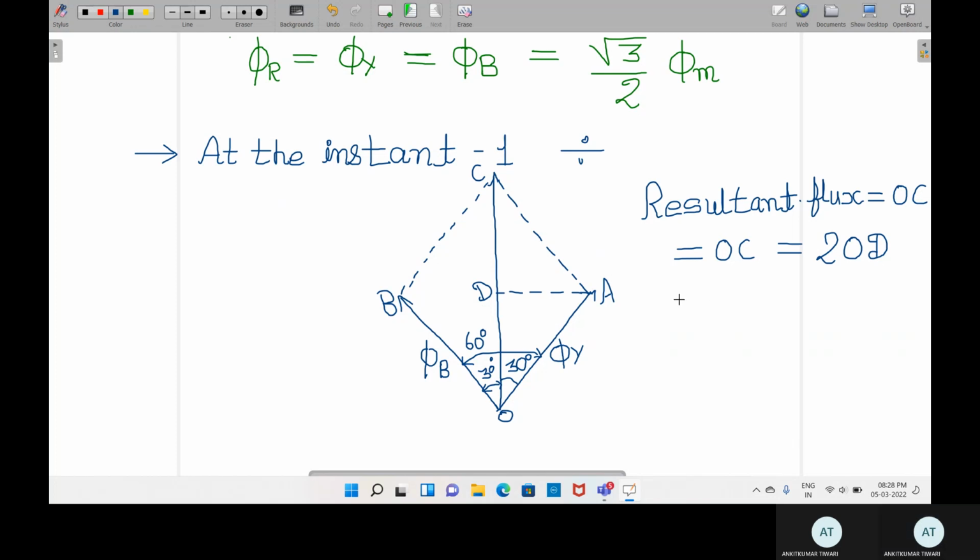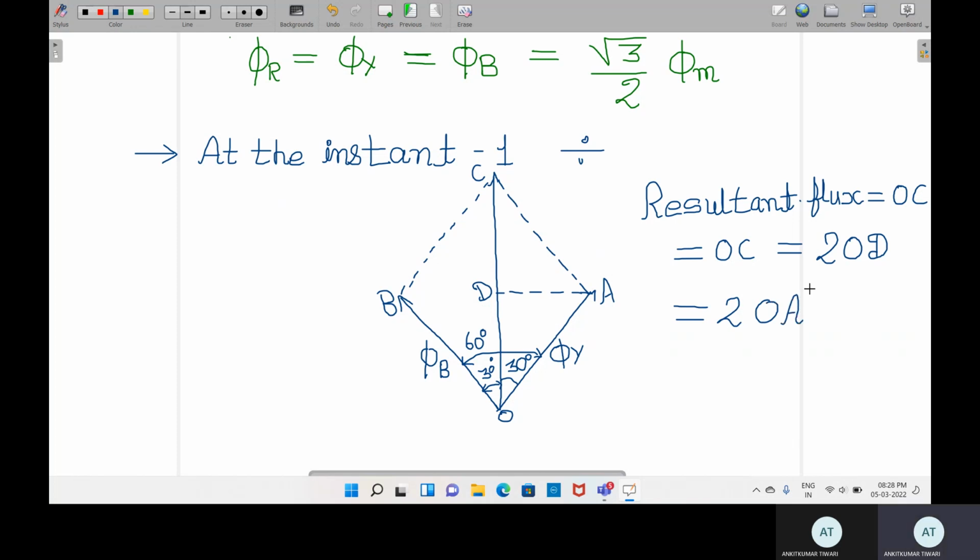Now 2 OD will be further divided. So 2 OD equals OA.